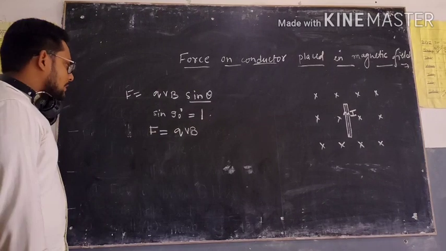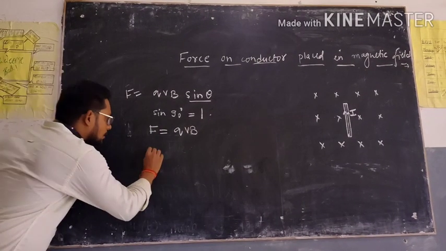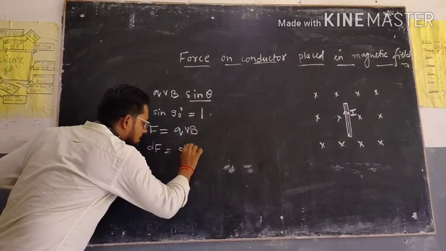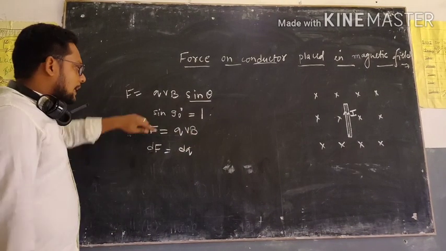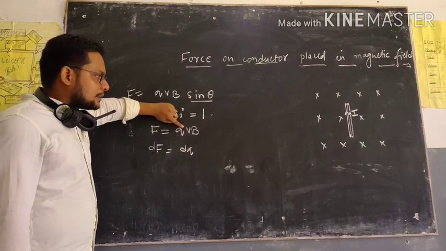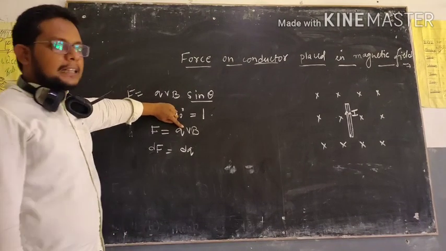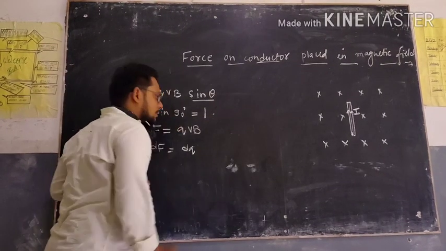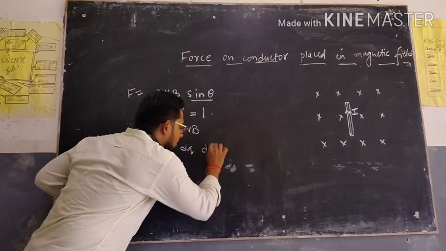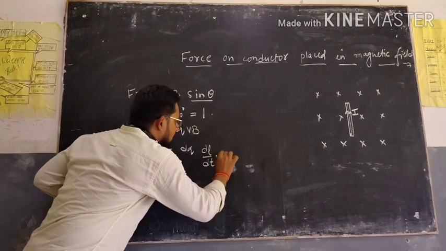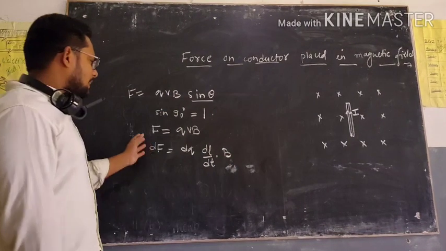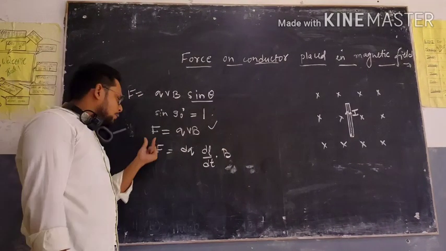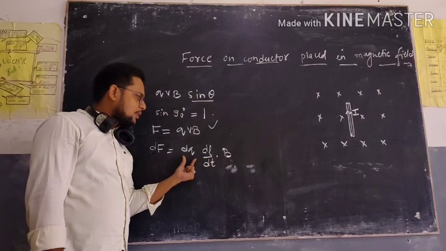Now, my dear students, here for very small force, we can write small charge dq, and in place of velocity, suppose the length of this conductor is L, considering the current element dl divided by dt into B. We can rewrite this formula as, for a small force dF, charge will be very small dq.